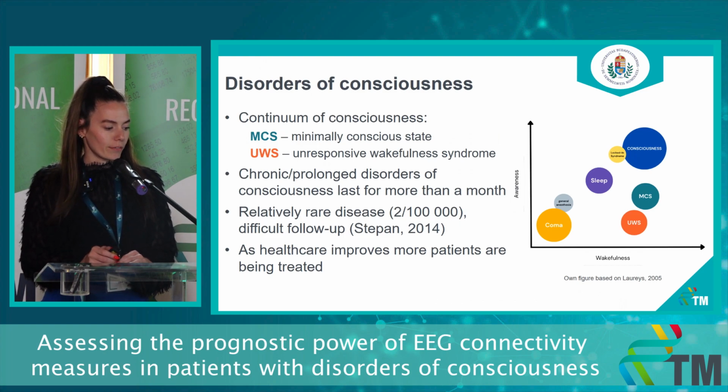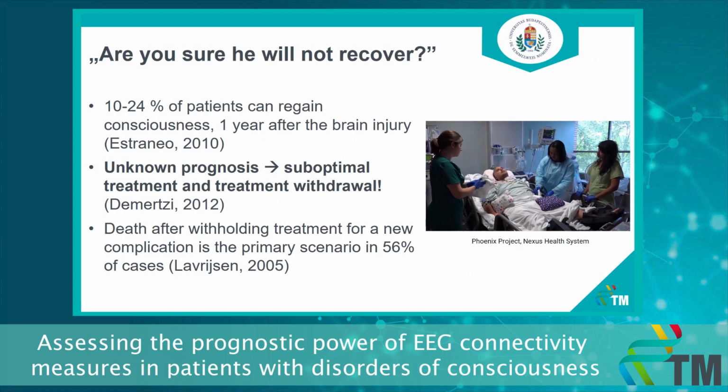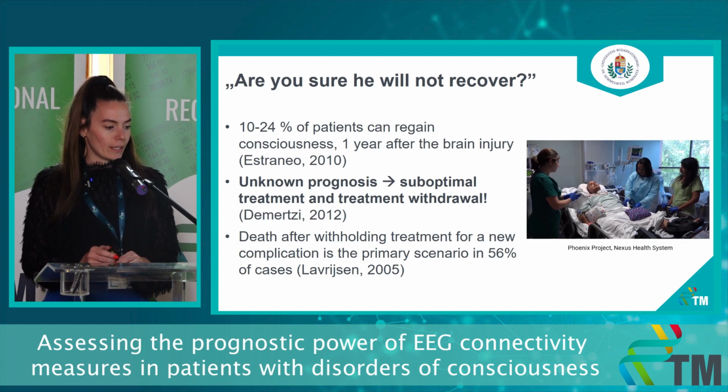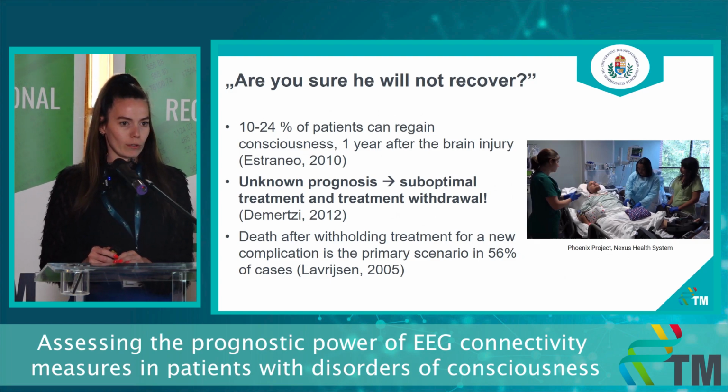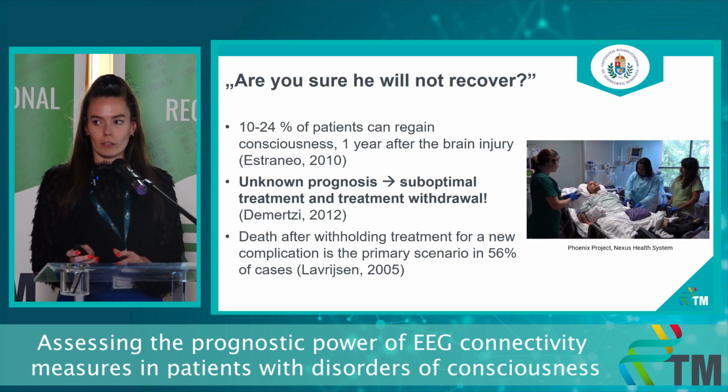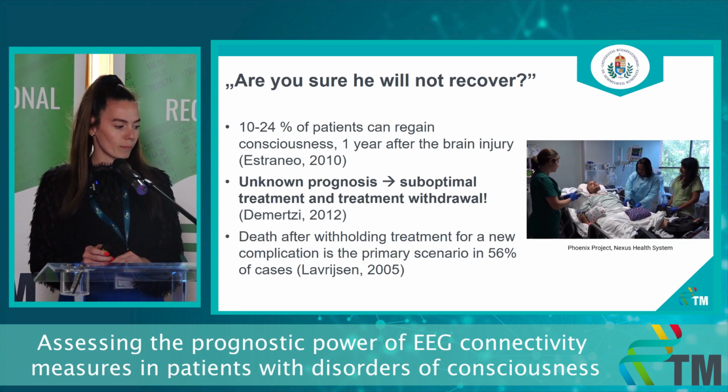They are relatively rare diseases, but as healthcare improves, more and more patients are being treated. "Are you sure that he will not recover?" These are the very difficult questions that physicians face when treating these patients. It's very difficult to answer because we know that a quarter to a fifth of this patient population can regain consciousness even 1 year after the initial brain injury.